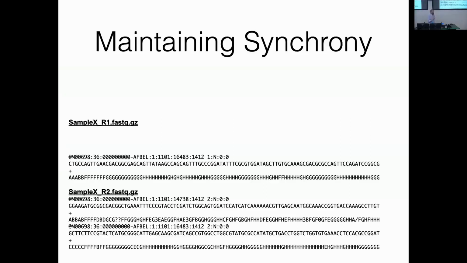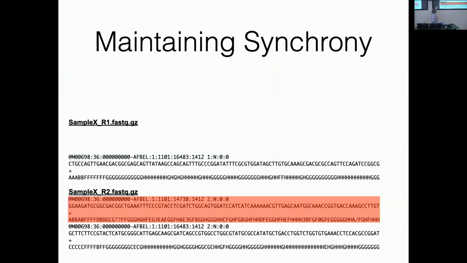We have one other step that we need to deal with, which I'm going to call maintaining synchrony. I mentioned before that with paired-end data, the files as they come off the sequencer are in the same order.